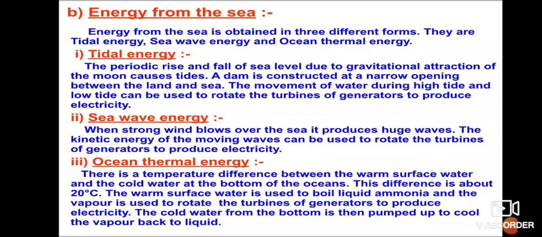And next, the third one is ocean thermal energy. There is a temperature difference between the warm surface of water and the cold water at the bottom of the oceans. The temperature of the different layers of the oceans is different.